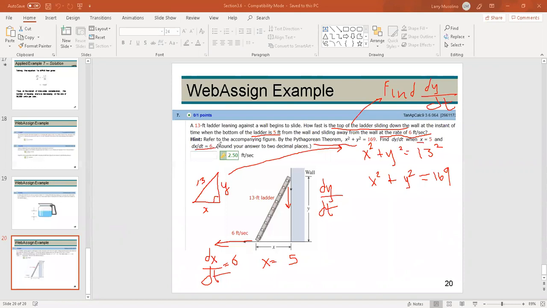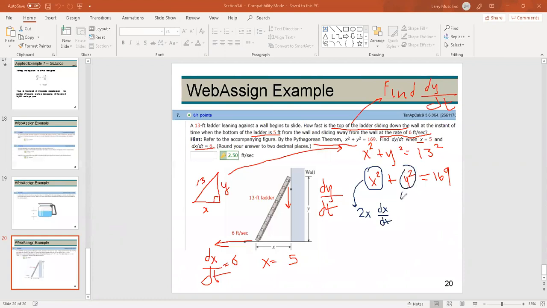All right. So what the guidelines say is write an equation, which we just did, and then take the derivative of both sides with respect to t. So let me take the derivative of x squared with respect to t. Well, the derivative of x squared is 2x, but I'm going to need a dx dt term. Now let me take the derivative of y squared.